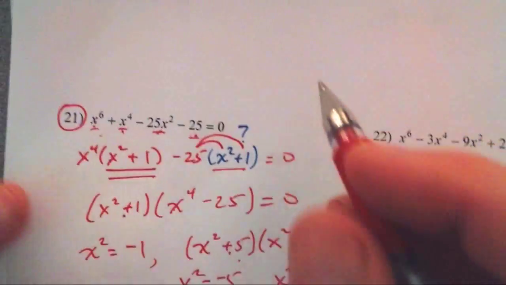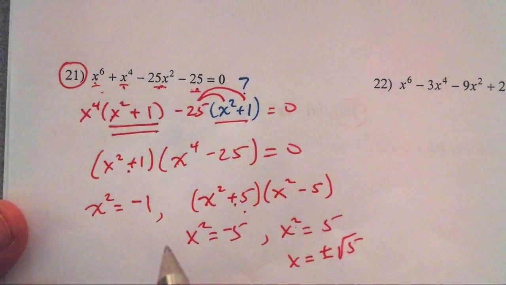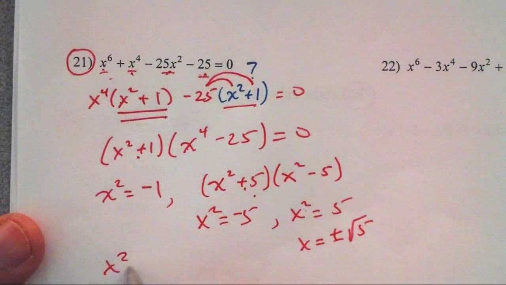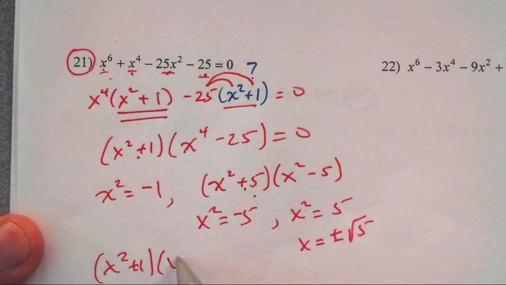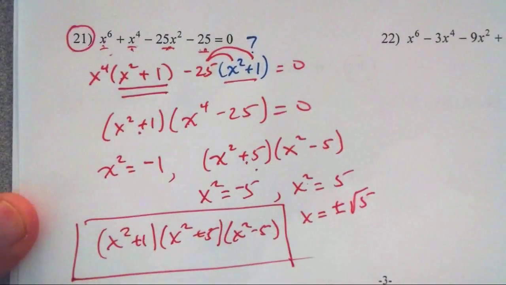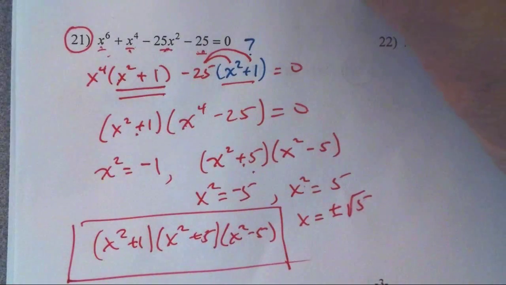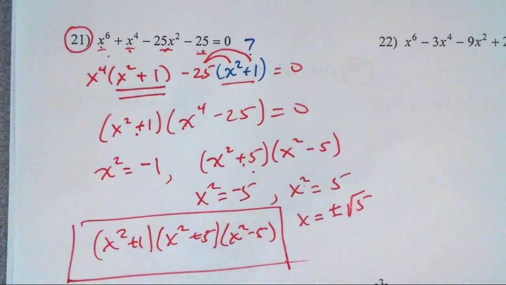If it says factor, it's surprising to me they have equals 0 here. So if all they say is factor, our final solution is x squared plus 1 times x squared plus 5 times x squared minus 5. And that is exactly how we will handle it on the quiz then. If it says factor, I will remind you of that, and I'll just say, just ignore the equals 0. We're not solving anything.